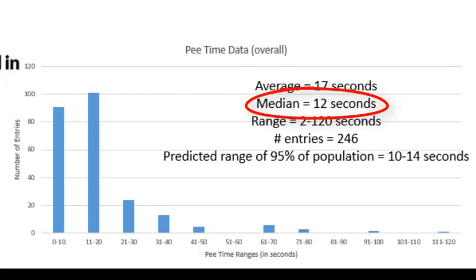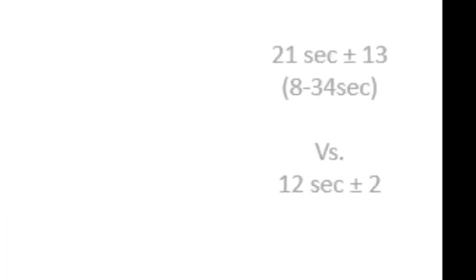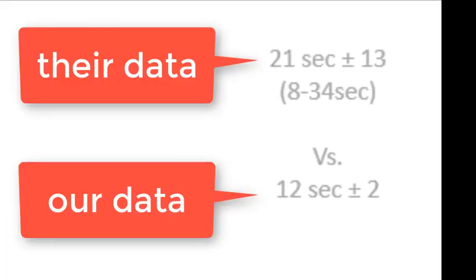So most people pee for around 12 seconds. If we use statistics to predict a range of 95% of pee times, it should be 10 to 14 seconds for humans. While that does fall within the range of these researchers' findings, it's only because their range is unfathomably large, which of course is further evidence that there is no universal law of urination.